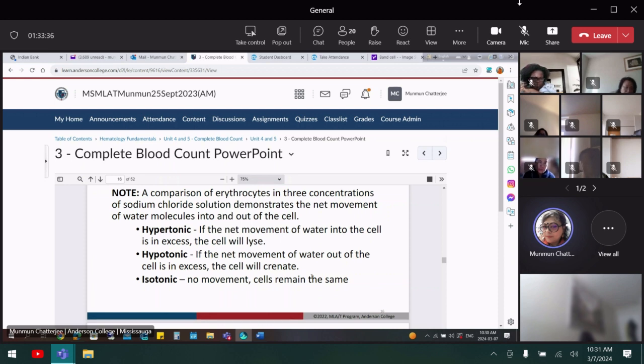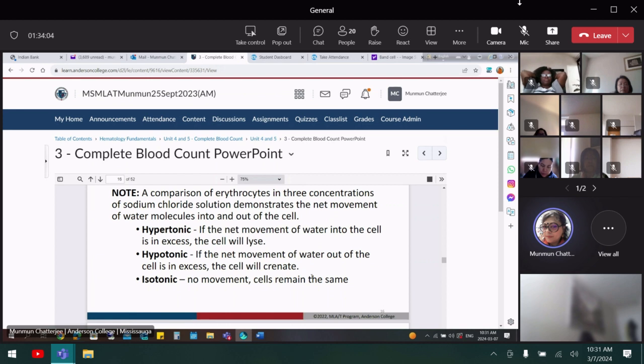It's called lysis. This is the in vivo hemolysis. Clear? Movement of water from outside of the cell to inside of the cell, popping the balloon, is the hypertonic. Hypotonic is the opposite.